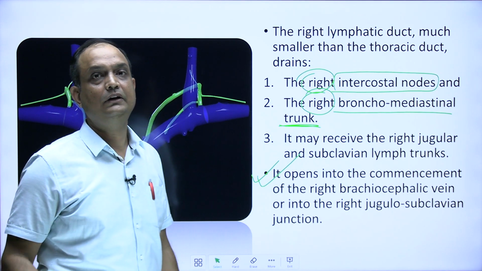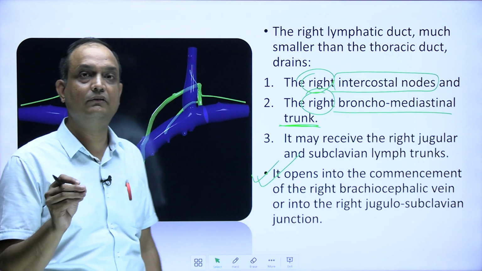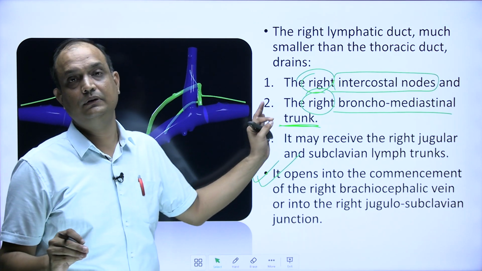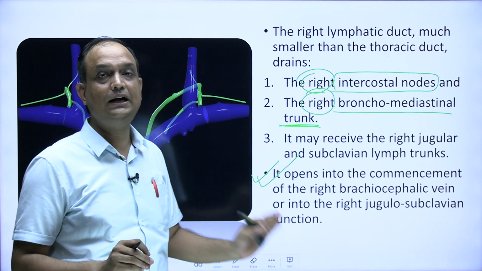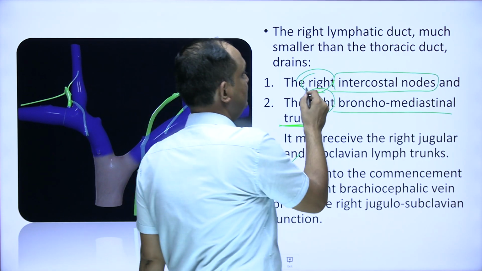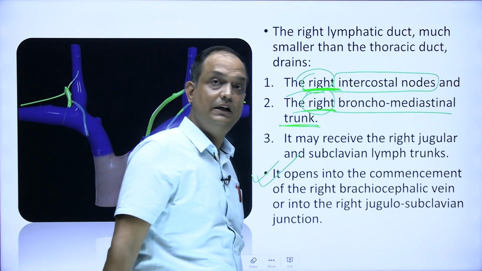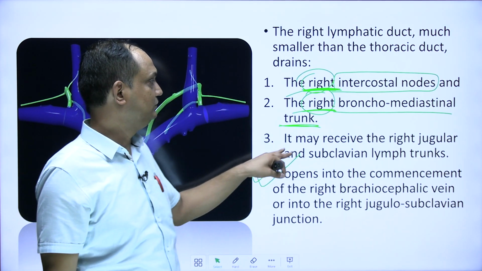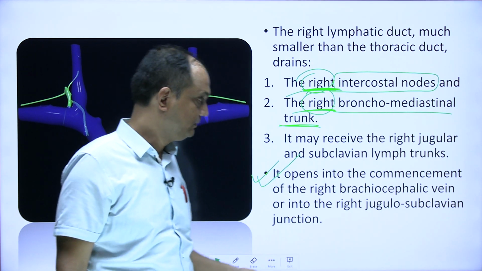Clear? So whenever you are writing about the thoracic duct, you should always have this brief introduction on the right lymphatic duct. The right lymphatic duct also drains the lymph nodes of the right intercostal areas and the right bronchomediastinal lymph nodes, and it also receives the right jugular and right subclavian nodes.